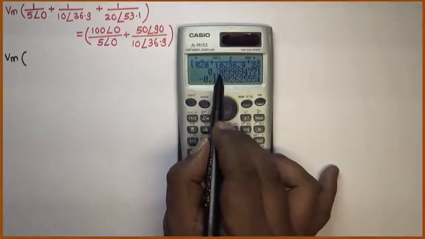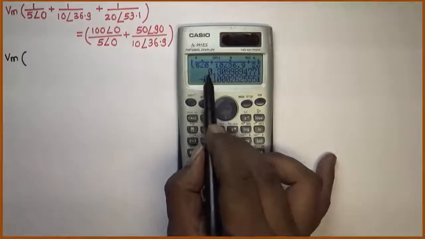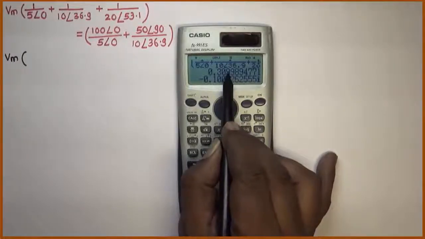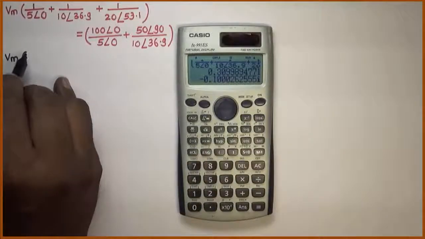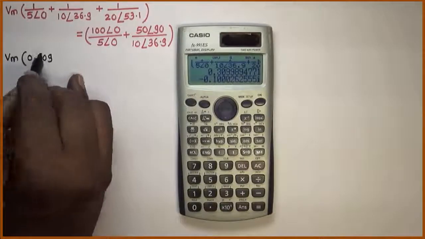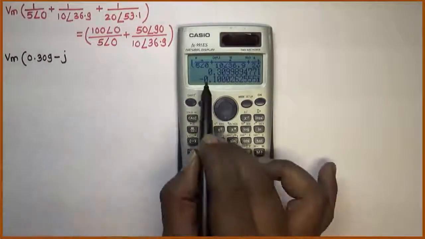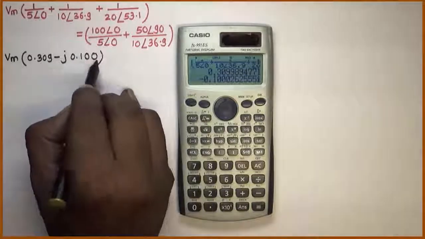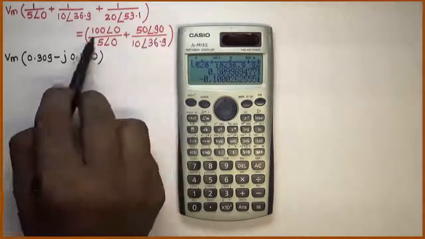If I approximate this number to 3 digits after the decimal point, this will be 0.3099. 9 is greater than 5, so this will be 0.309 minus J 0.100. Equal to. Now we have to calculate this number.